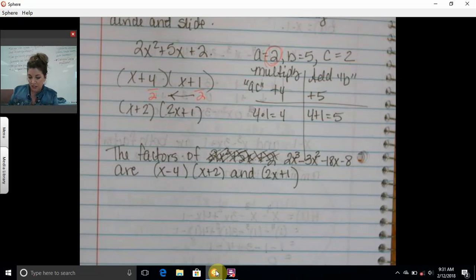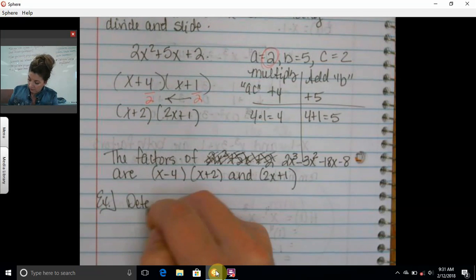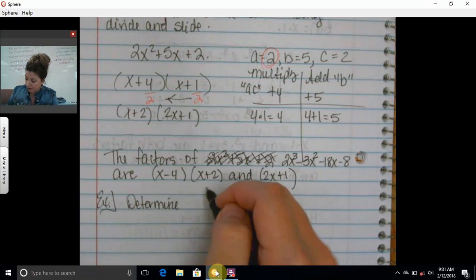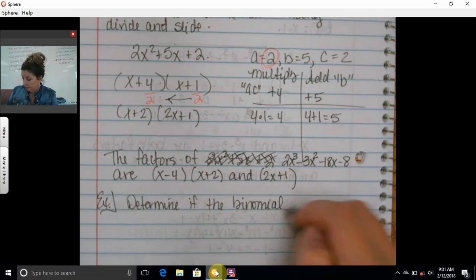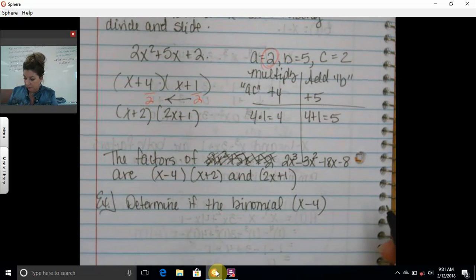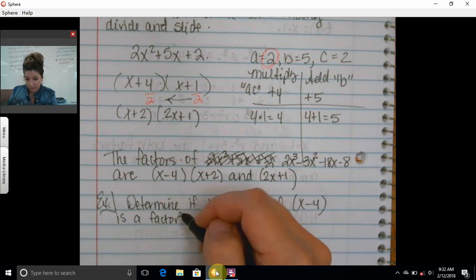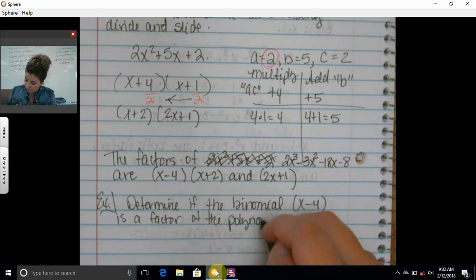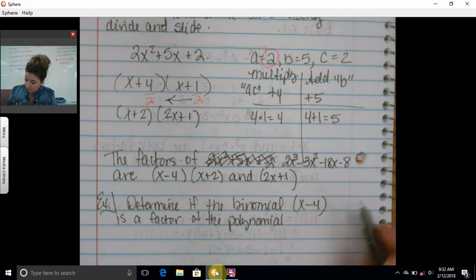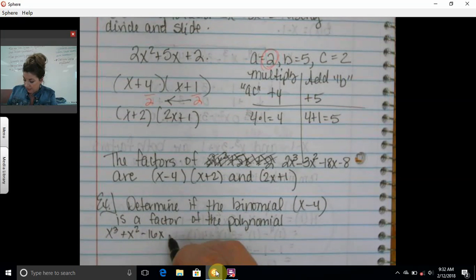All right, let's determine if the binomial x minus 4 is a factor of the polynomial x cubed plus x squared minus 16x minus 16.